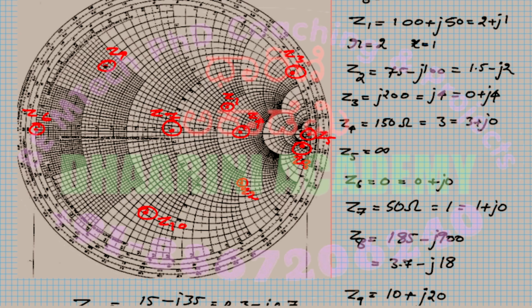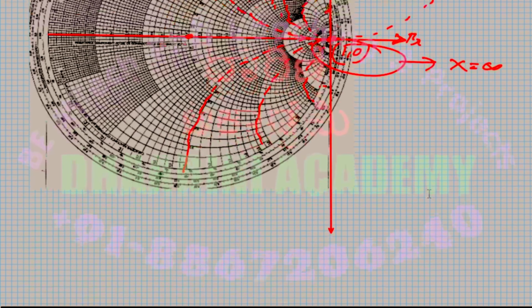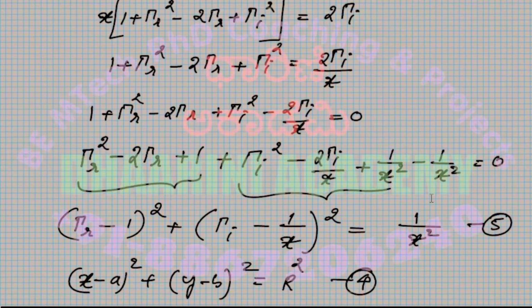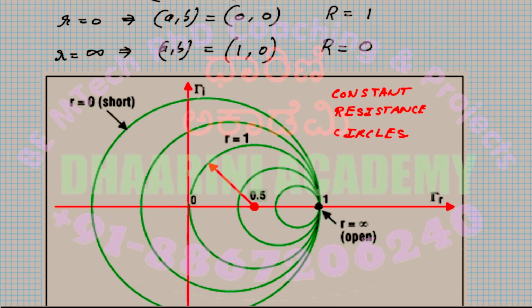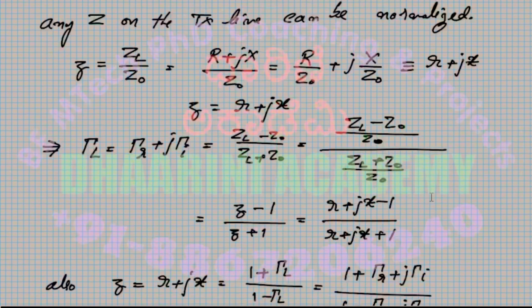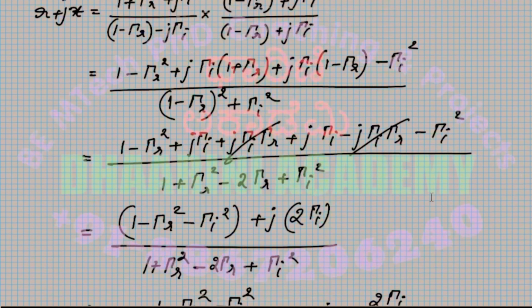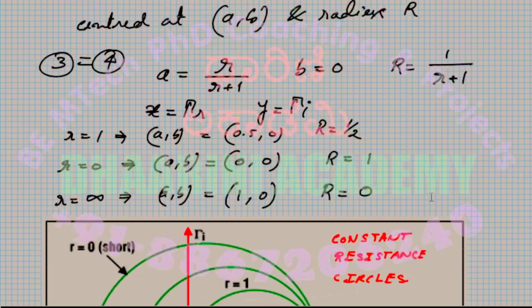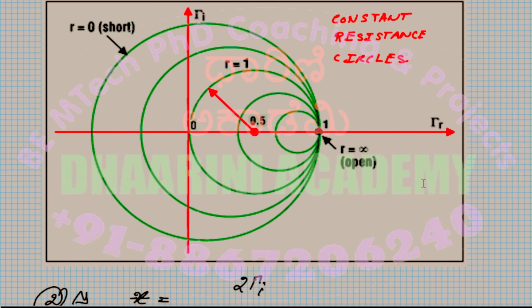So in the previous class, we considered the Smith chart basics. We derived the equations related to the Smith charts and the various circles present on the Smith chart, right? As we know now, there are two types of circles. One set of circles are constant resistance circles, and we can see them like this.